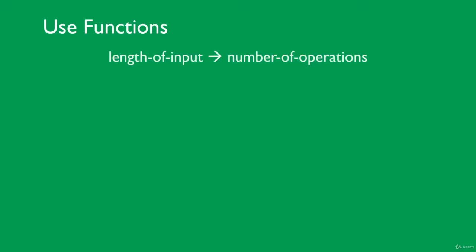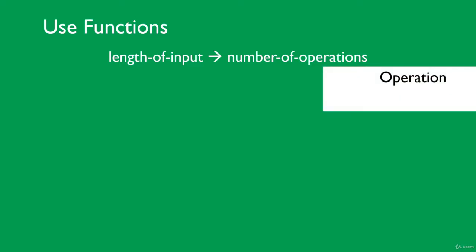Well, it takes the length of input as an argument and it returns a number of operations. But what do I mean by number of operations? Well, it is just basically every operation you do. For example, the assignment operation, the plus operation, the compare operation, and so on and so on.